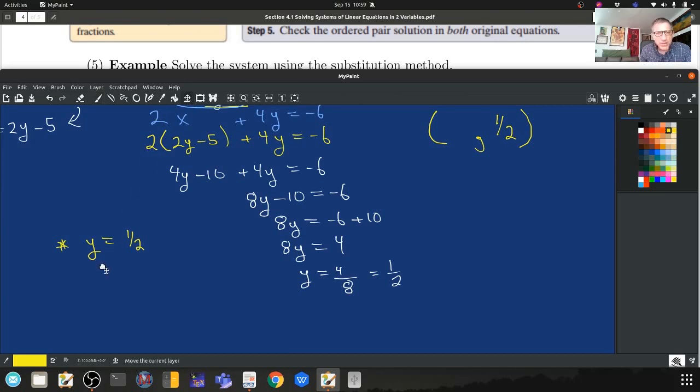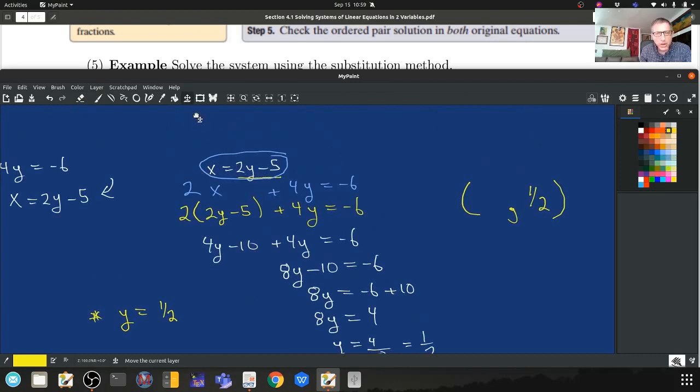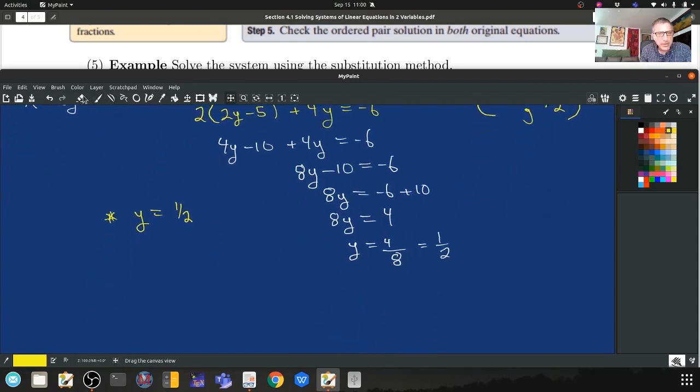So how do I find the x value? Well, if I move up here, I have x is equal to 2y minus 5. Hence, since x is equal to 2y minus 5, and I know the value of y, that means x is equal to 2 times 1/2 minus 5.